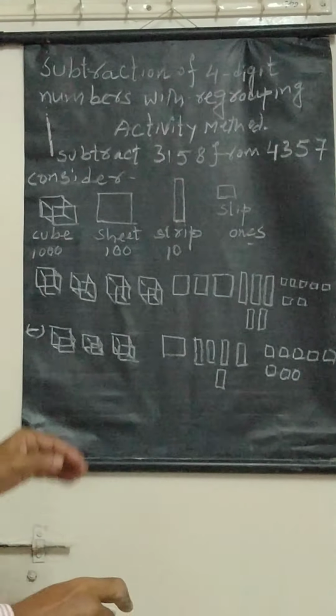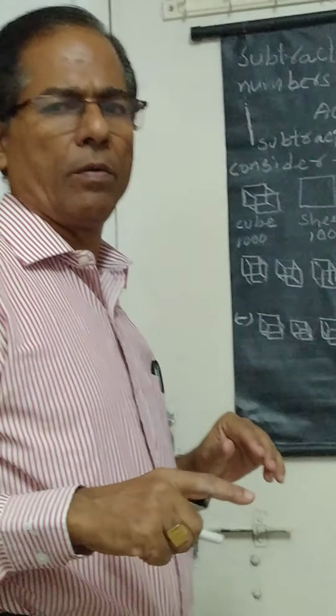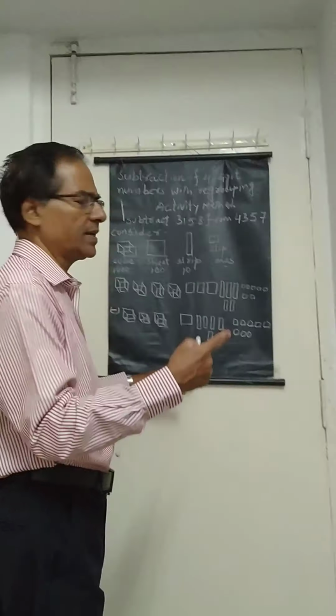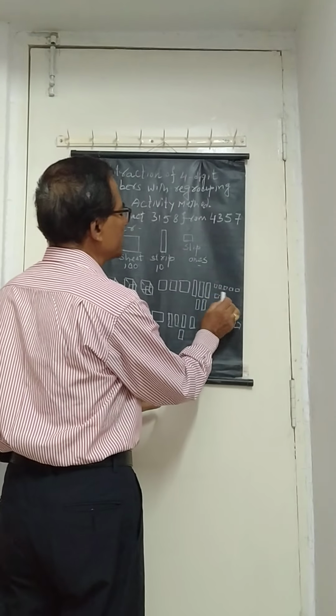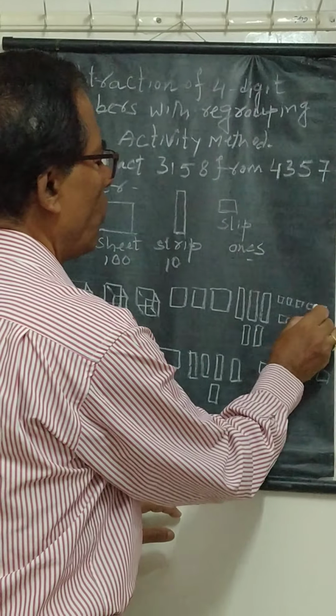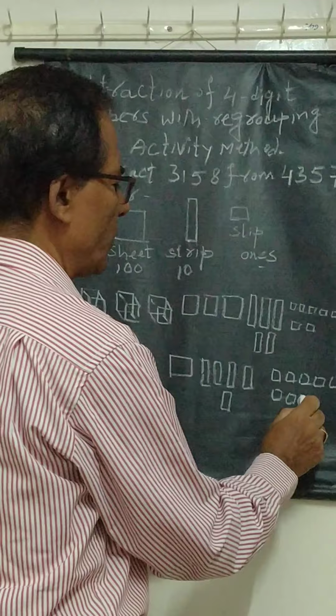Now see children, always we will start from the ones only. Follow the place value chart. We start from the ones, which is the extreme right. Here how many slips are there? 7 slips here, and here 8 slips.